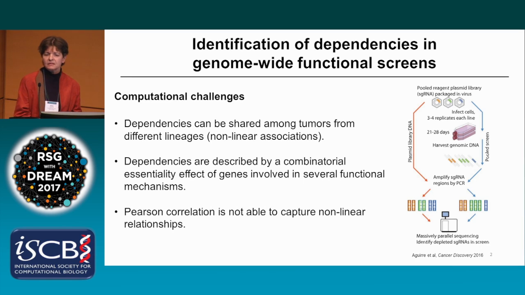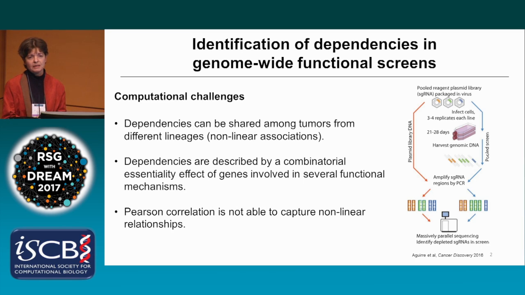So the recently discovered CRISPR Cas9 functional screen strategy provides a very powerful tool for the identification of high-throughput dependencies across large compendia of tumor lineages.